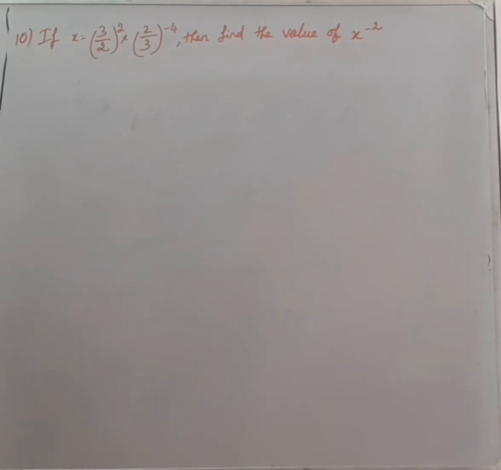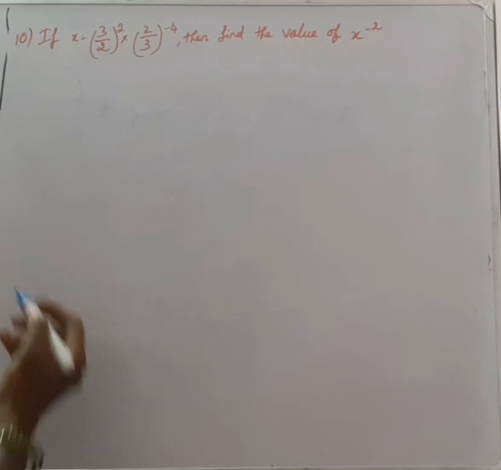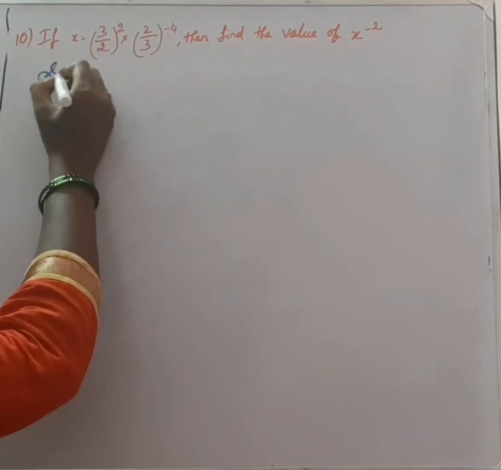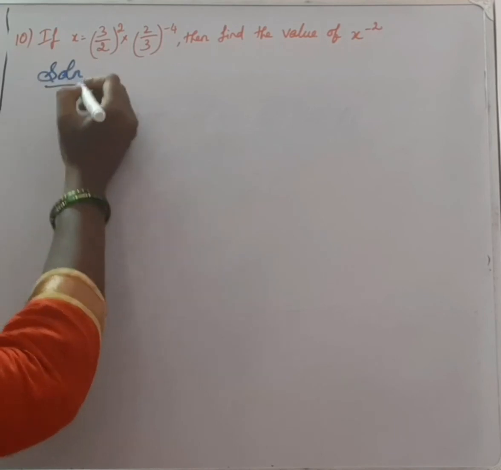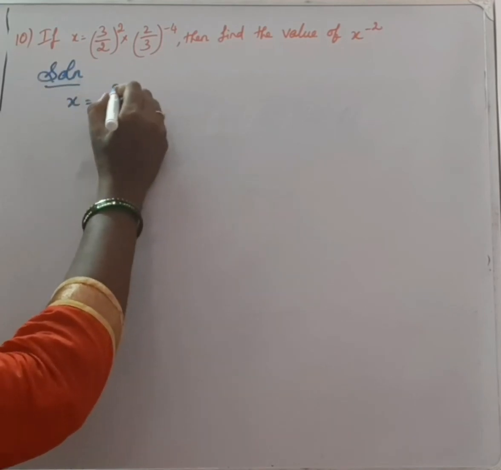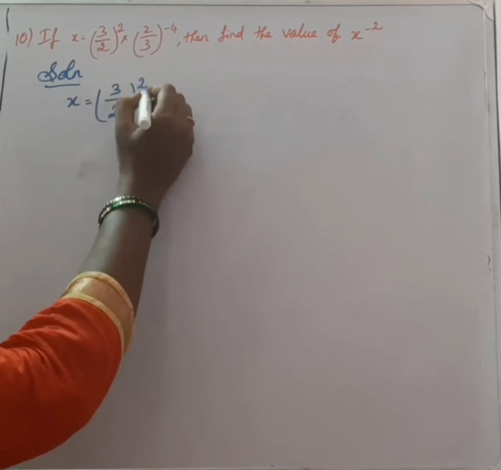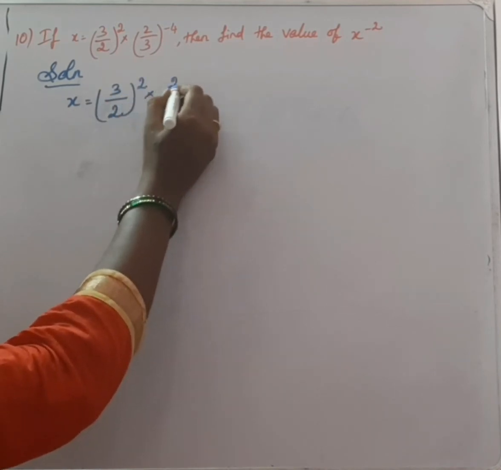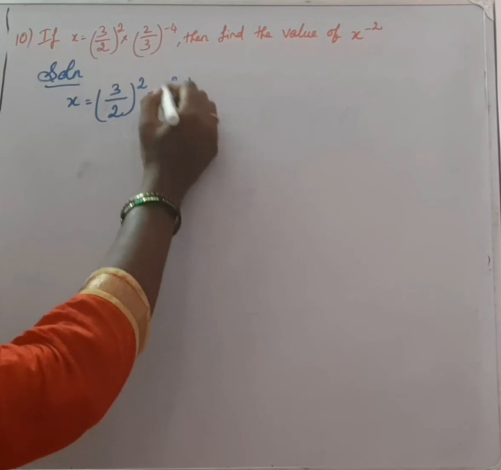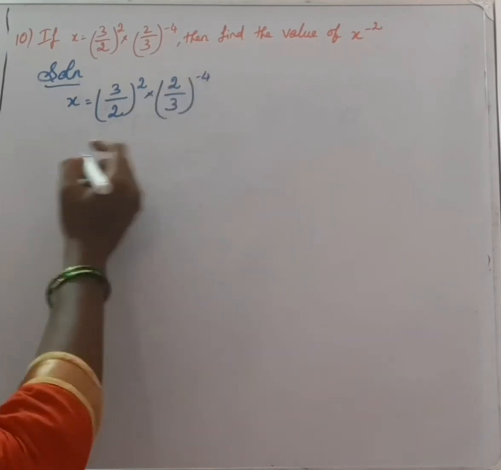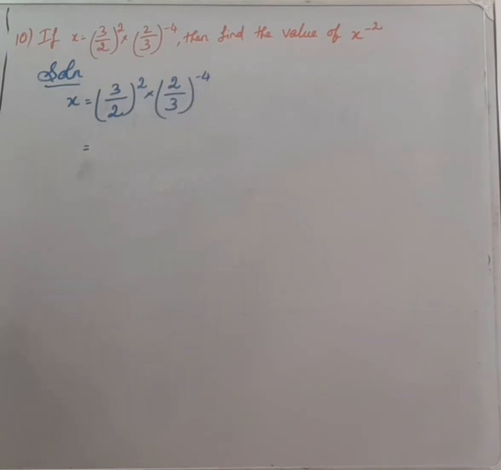For that, first we need to find the value of x. So let the solution be x is equal to (3/2) the whole power 2 into (2/3) the whole power minus 4.